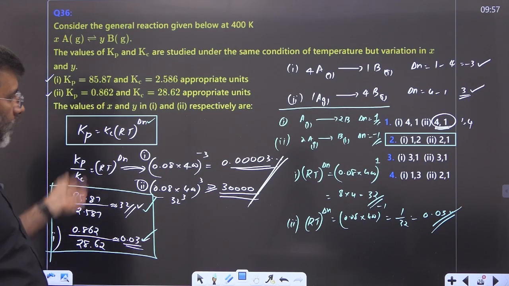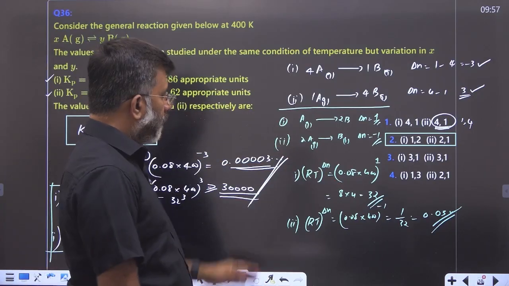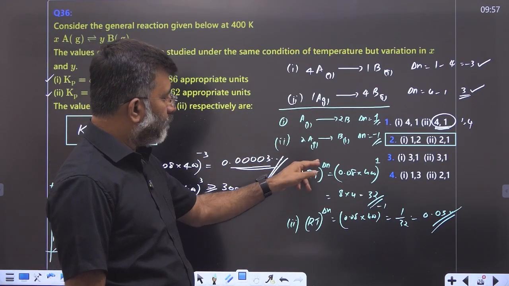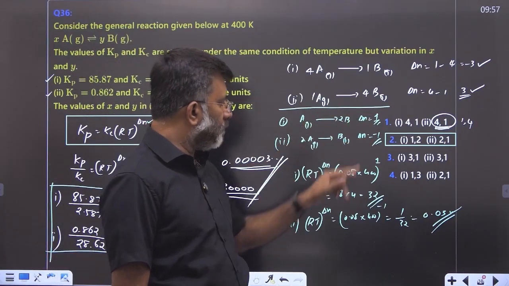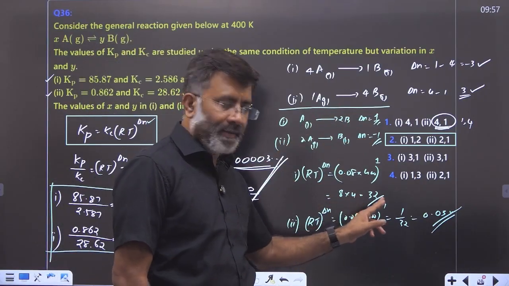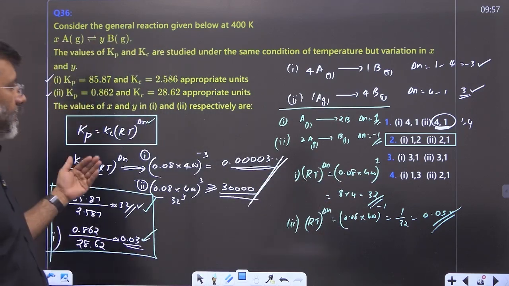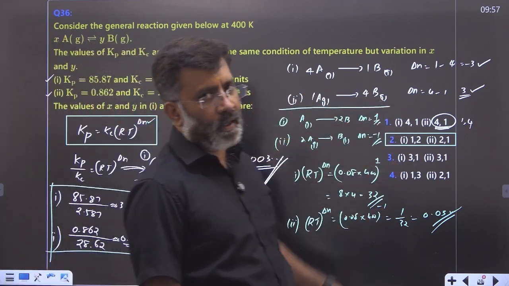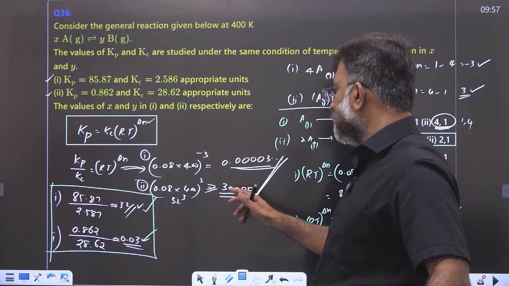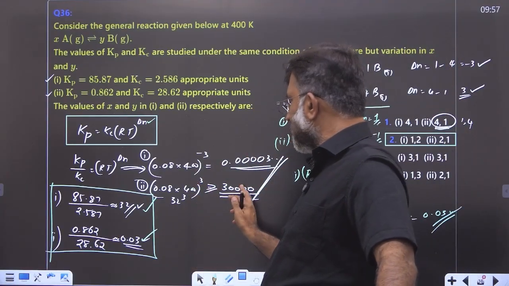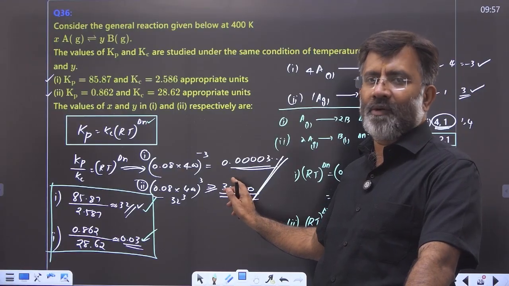Okay. Now coming to the calculation over here, you get RT power delta n. With 1 and minus 1, you get nearly 32 and 0.03, and that will be the perfect match. Suppose it is 1441, you will get minus 3 and plus 3. If it is plus 3, it is coming in the range of more than 30,000.